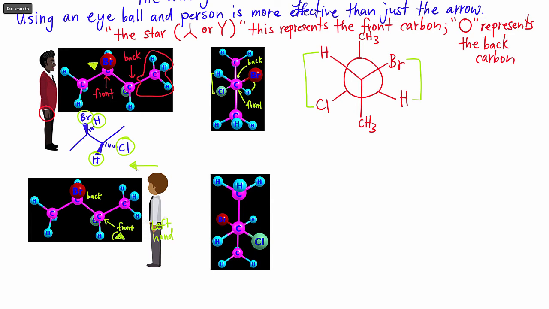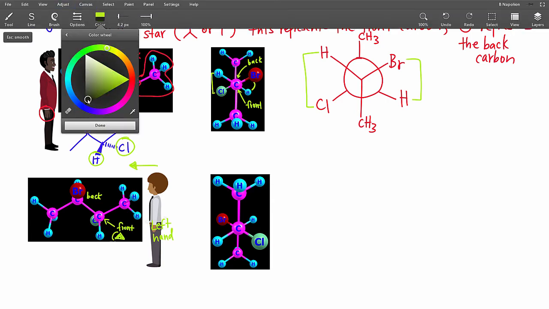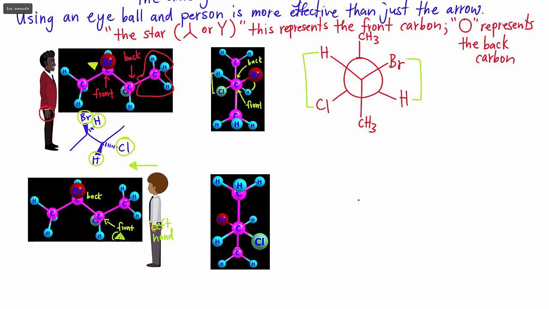Okay? Notice that I've given you two things. I've given you the direction that you're looking, and I've told you what's the front carbon and what's the back carbon. So if I draw this projection, what I actually see is on my left side, I would have this hydrogen.